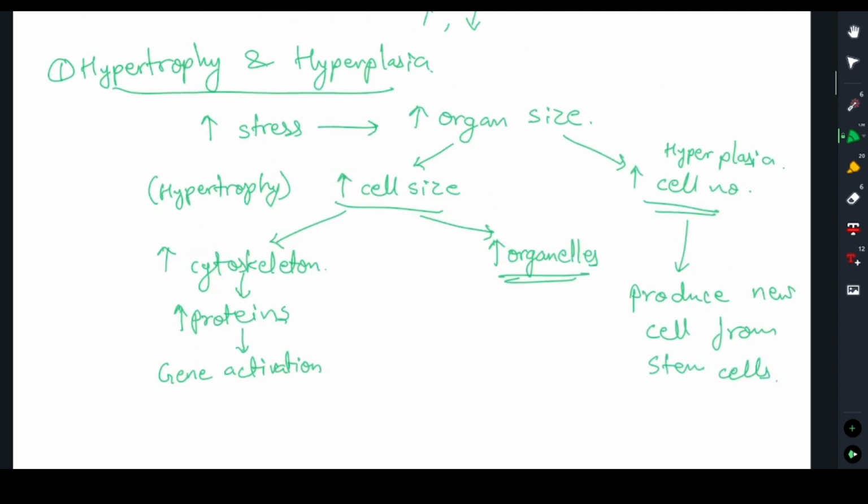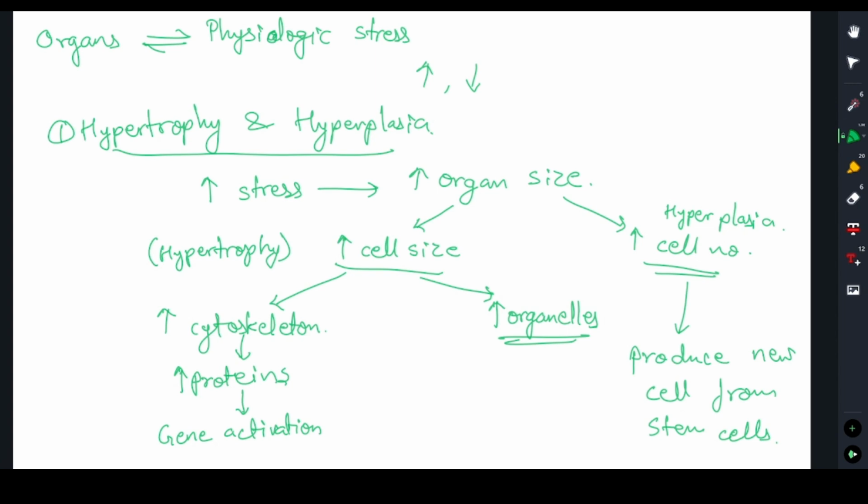So what we have discussed so far is that whenever there is an increase in stress, in the case of hypertrophy and hyperplasia, there is an increase in organ size. And how can that occur? That can occur either by hypertrophy, which is an increase in the cell size, or by hyperplasia, which is an increase in the cell number. Okay. Now to increase the cell size, you will activate the gene, which will lead to increased protein synthesis.